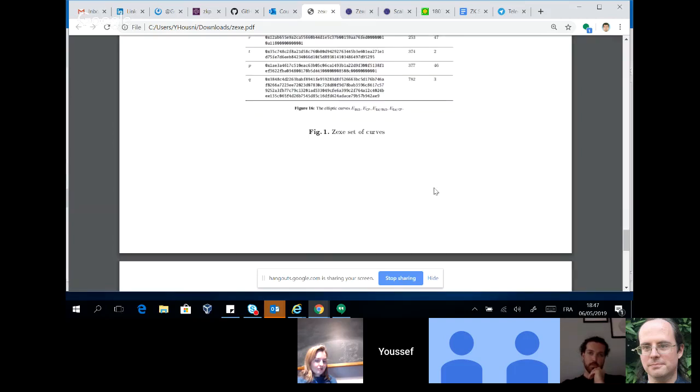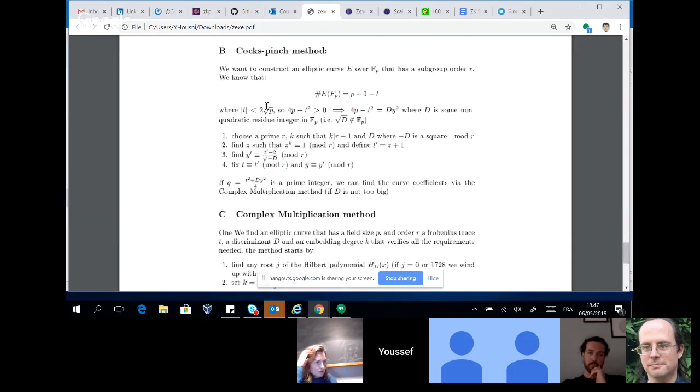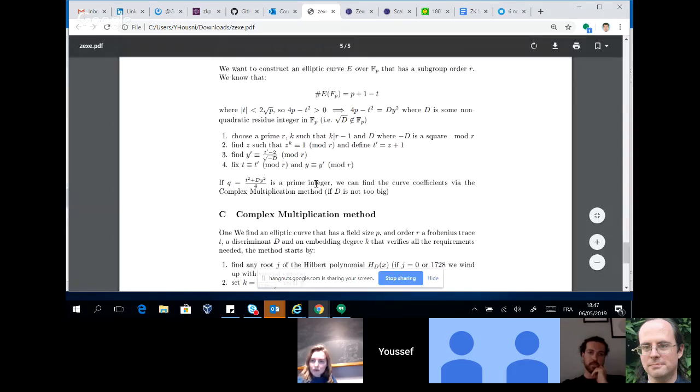In the notes, I have in this appendix just the steps of the Cox-Pinch method.